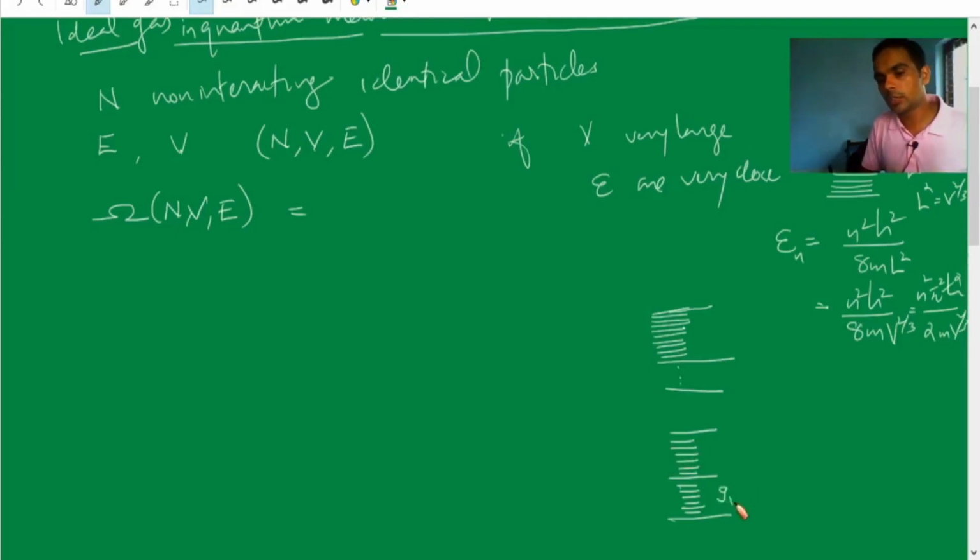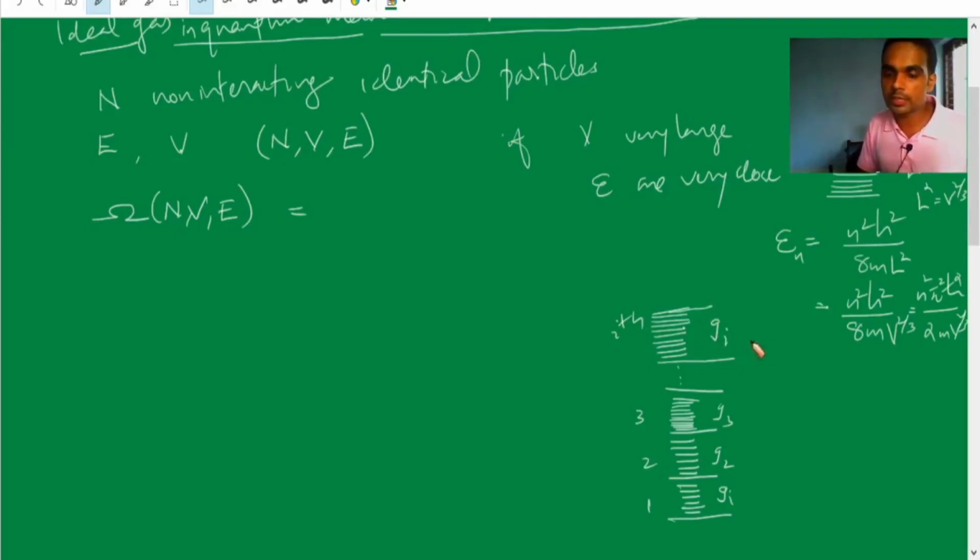Here G1 number of levels, G2 number of levels, G3 number of levels. In general, this is the ith cell, and here Gi number of levels.